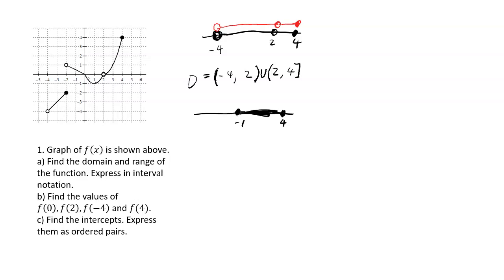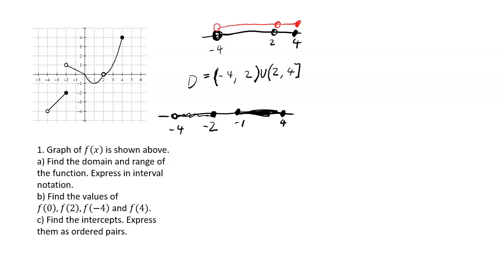There's nothing that produces -1.5, -1.1, or -1.9. However, starting from -2, the function does produce a -2, so -2 is included. And then it goes down -3 all the way to -4, but stopping just before -4. So at -4 you have an open circle.